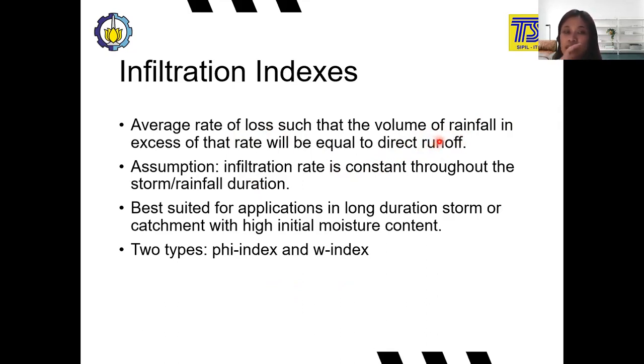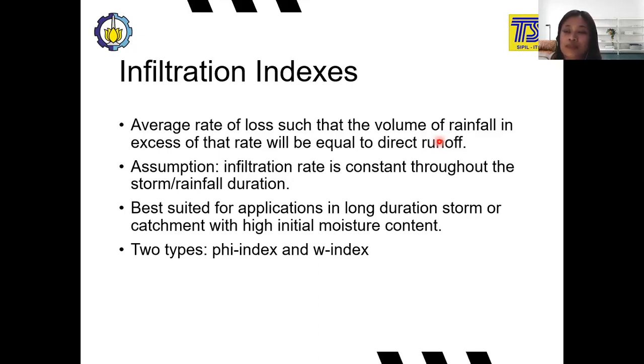So this is the rate of loss, and the volume of the rainfall more than this index will be equal to the direct runoff. This infiltration index is the average of the water which can be absorbed into the soil. So the amount bigger than this index will be equal to the direct runoff.